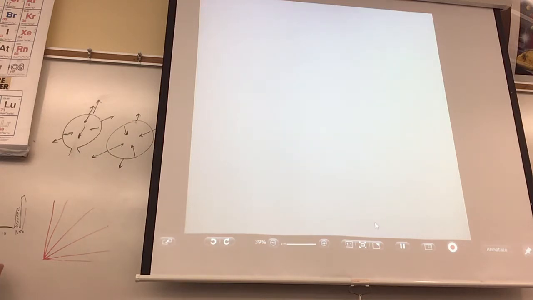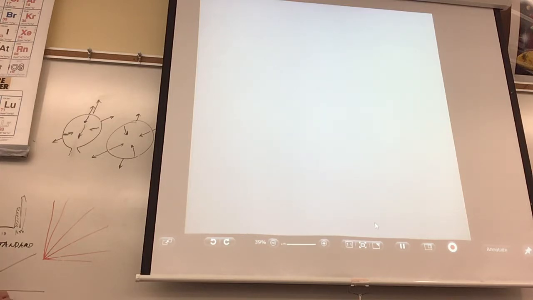So what you would do is you make a thing called a standard curve. And in this case, the curve is a straight line. And what you would have is concentration versus, let's say, absorption.